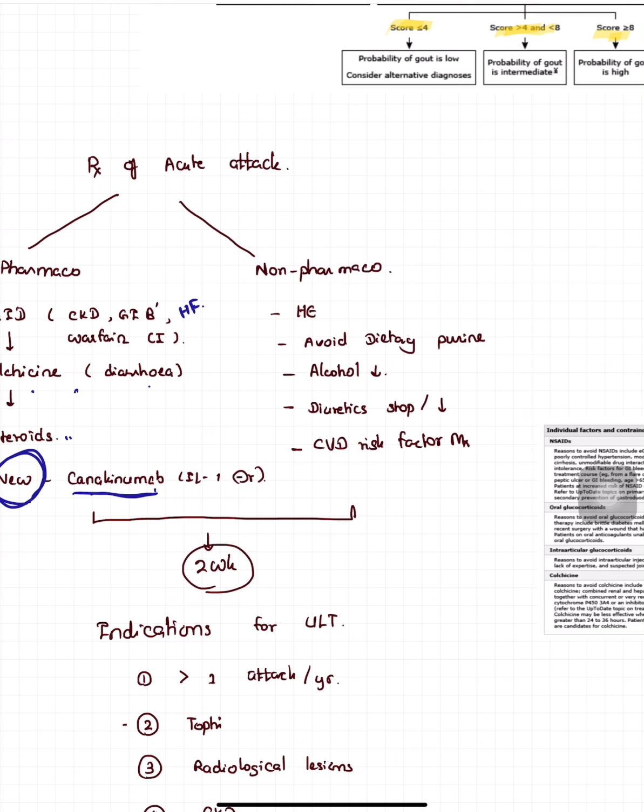Although I haven't emphasized it, some ACE inhibitors could lead to a gout attack, and we have to avoid these. If there are associated cardiovascular risk factors like ischemia or hyperlipidemia, we have to manage them accordingly. So that is the non-pharmacological treatment.